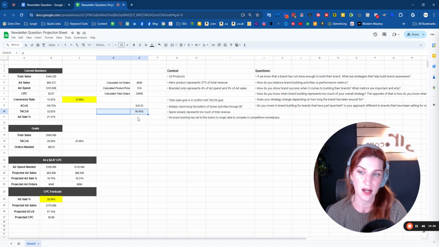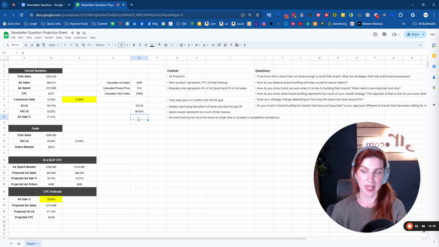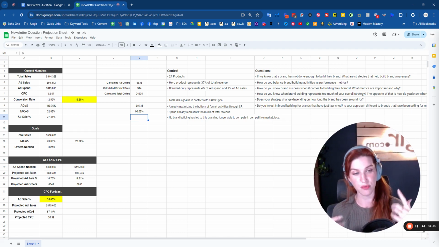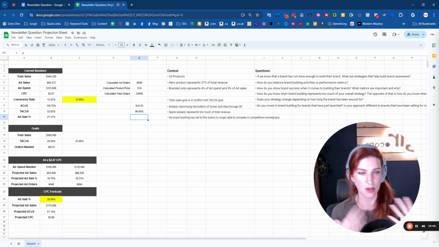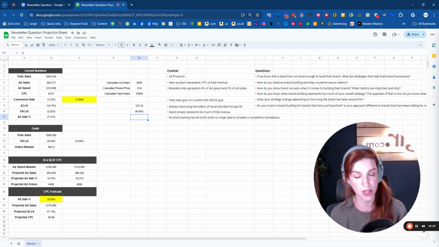If the cost per clicks are high, it's just the mathematics of it. And unfortunately, those are the products where you can't ever seem to bring the ACoS down, and no matter what you try, it just doesn't seem to work.